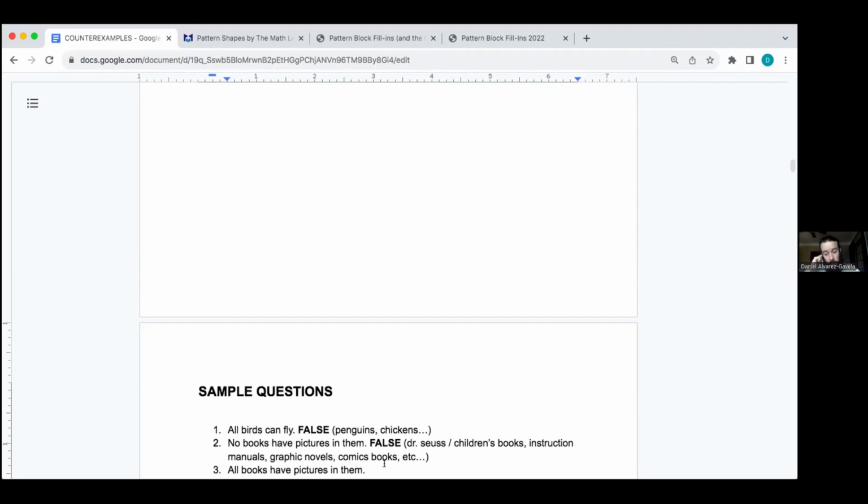Yeah, so by and large, adult novels, at least many of them, will not have pictures. Some of them might have an illustration at some point, but for the most part, adult novels don't have pictures in them.